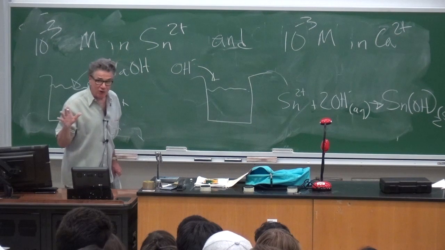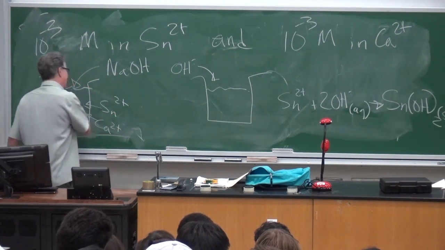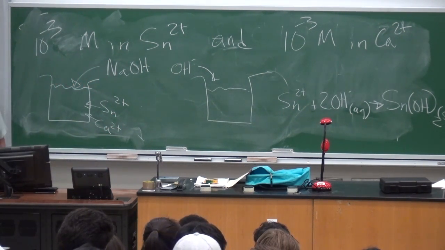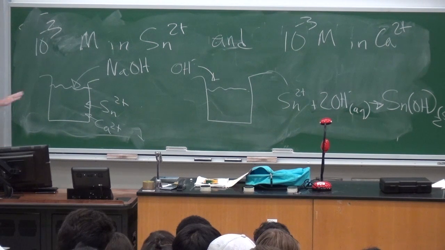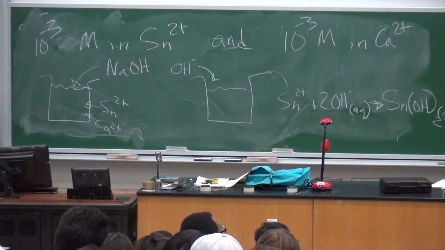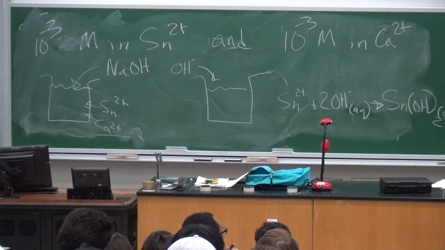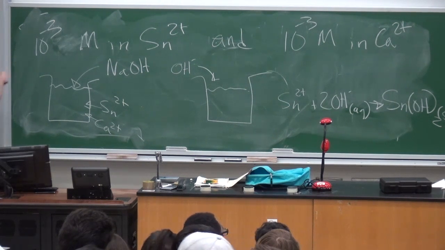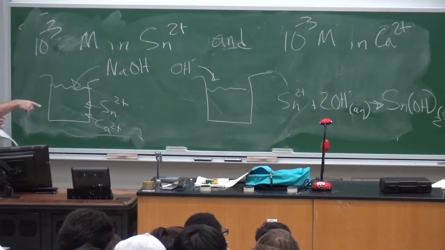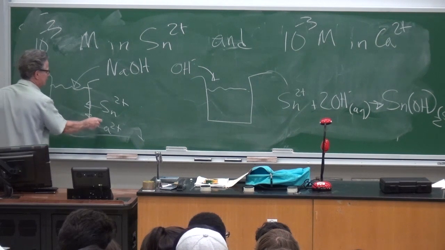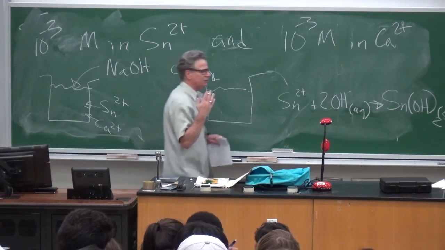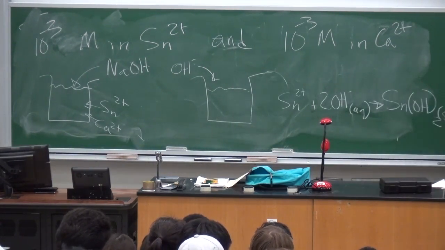And if you're careful, the calcium remains in the solution. So by very carefully controlling the hydroxide ion concentration, I can get all the tin to rain out and still have the calcium floating happily in the solution. I can separate these two metal ions.